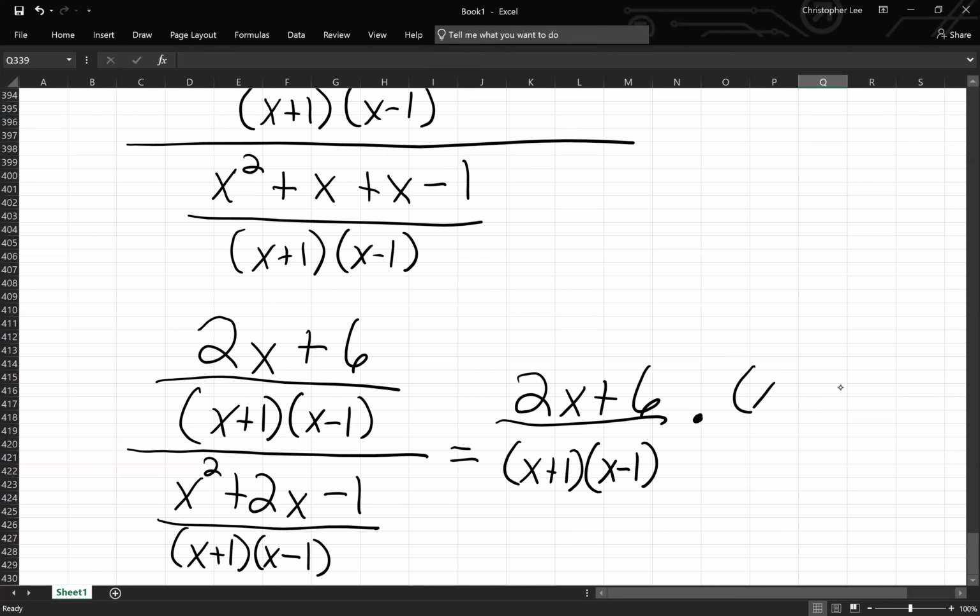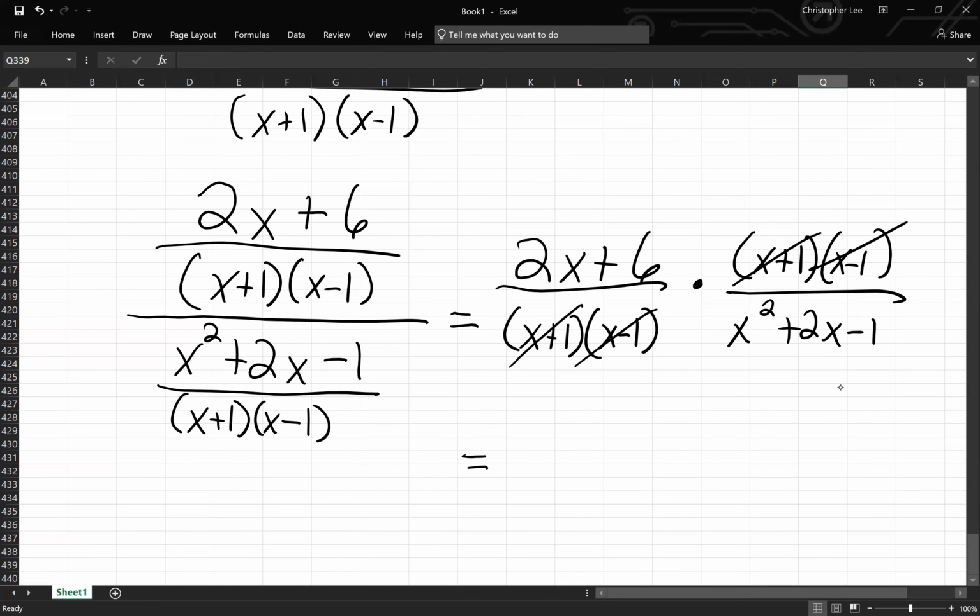flip it. Very good. And then we should do this, but we have to verify that this can't factor out. So I have 2x plus 6 over this x squared plus 2x minus 1.